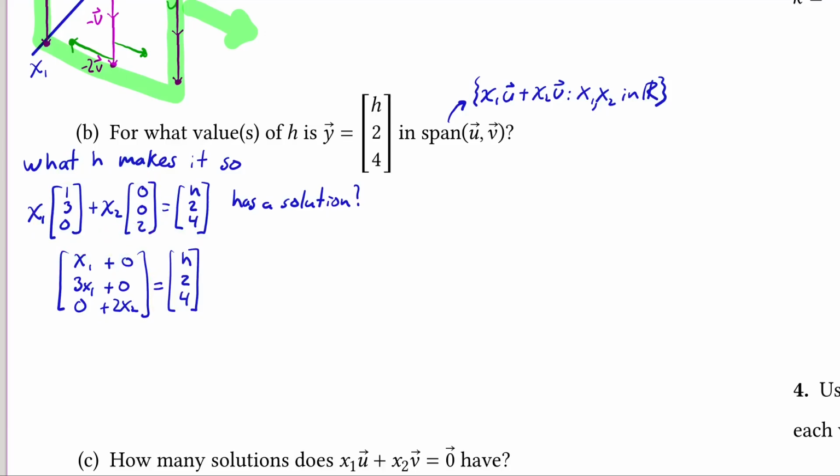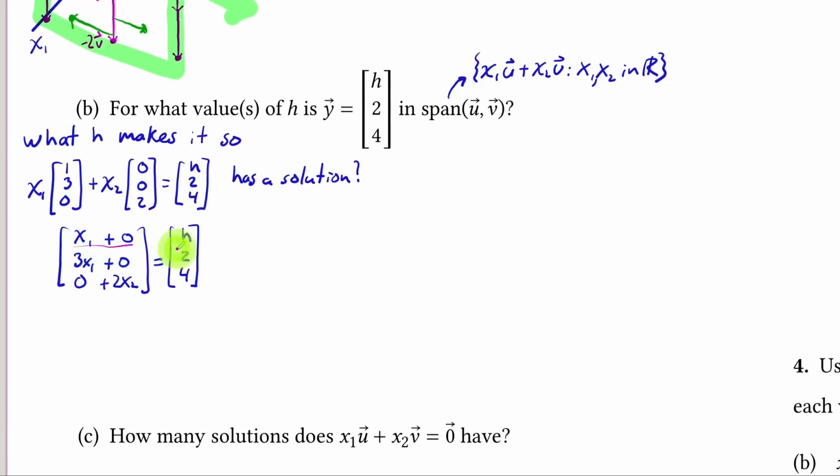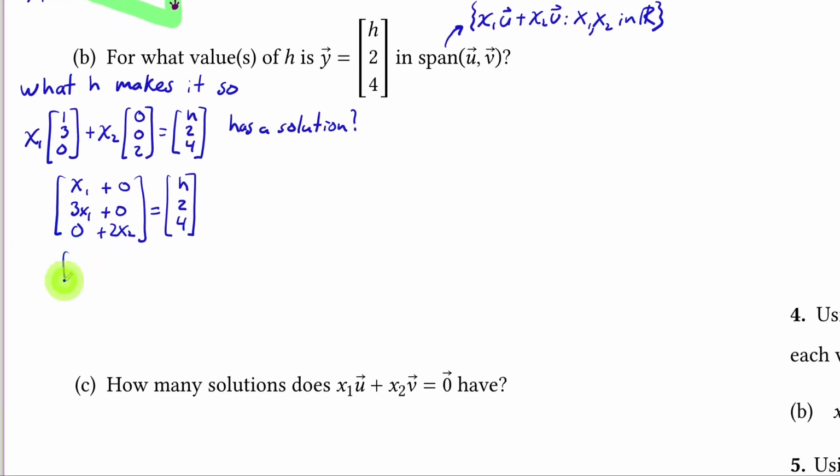And just like before, this vector equation is equivalent to the system of 3 different equations where these 3 components are all equal. And we can write that as an augmented matrix: 1, 3, 0, 0, 0, 2, h, 2, 4. And then we can row reduce this.